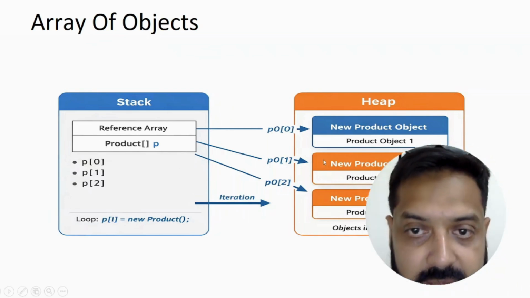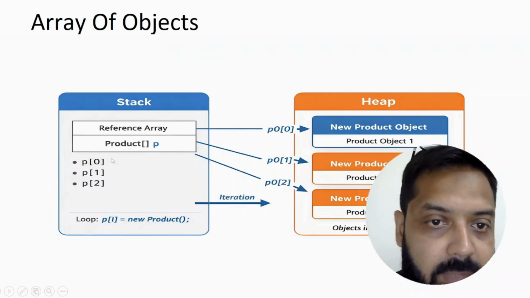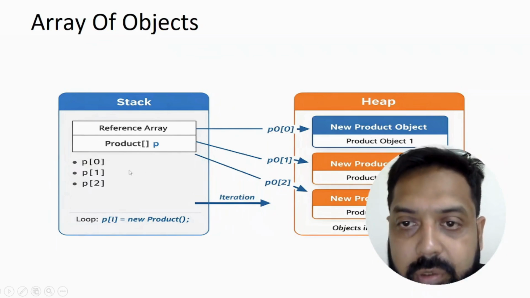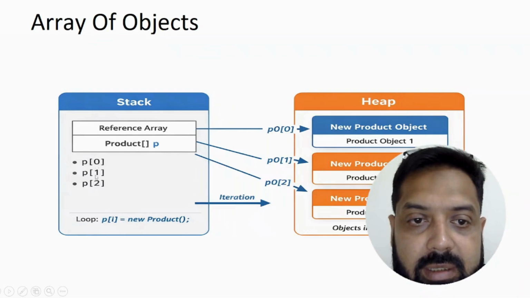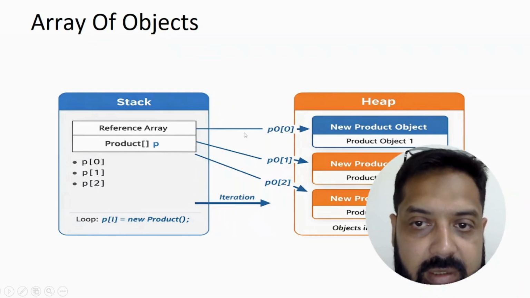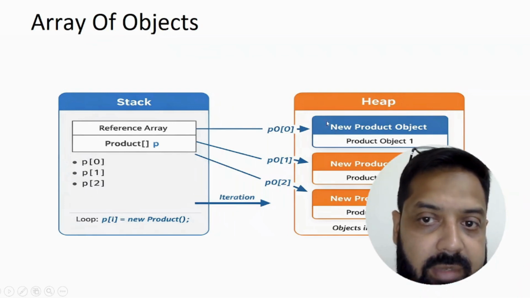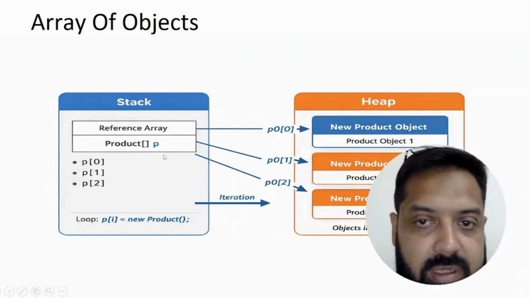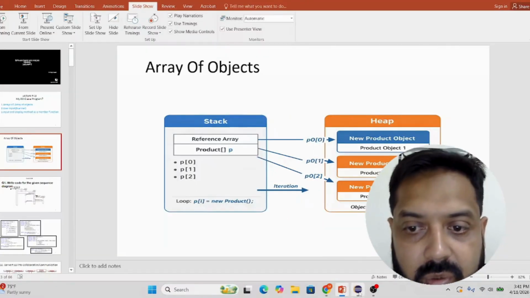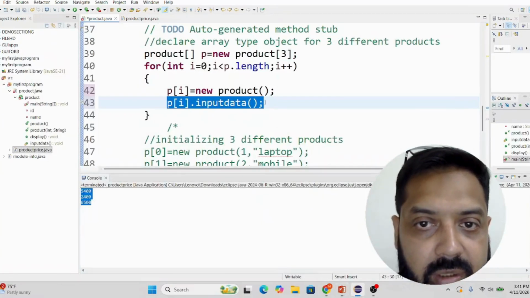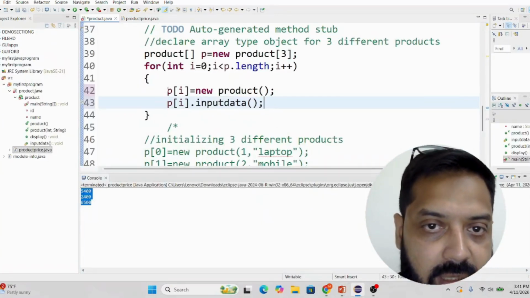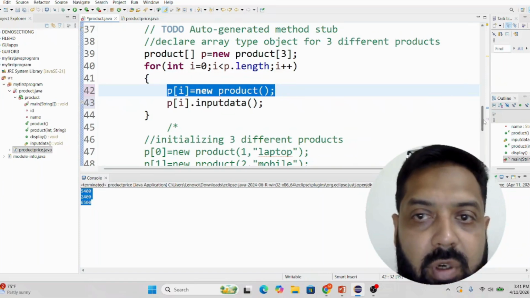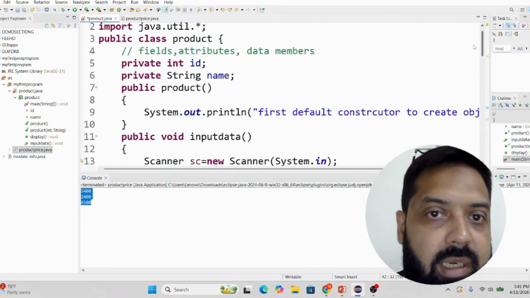So in this case, now we want to tell the compiler that we want to take the input at these three reference variables, and whatever input is taken, their addresses are stored in these reference variables. So I am going to add this line. These three products are going to be created with the help of the default constructor that we already defined.